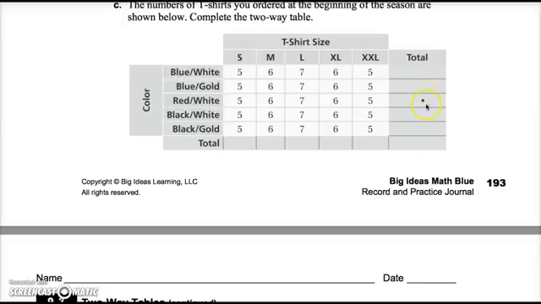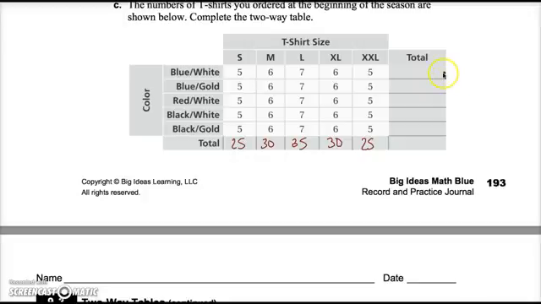So I just need to go through and complete the totals. There are 5 rows here. So 5 times 5 is 25. 5 sixes is 30. 5 sevens is 35. 5 sixes is 30. 5 fives is 25. So that total was pretty easy.